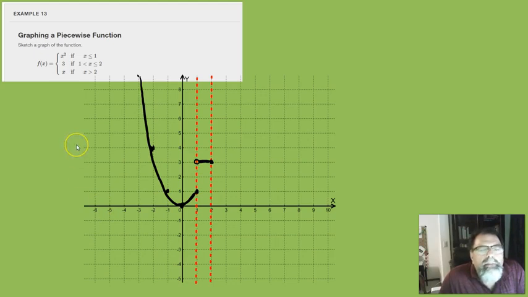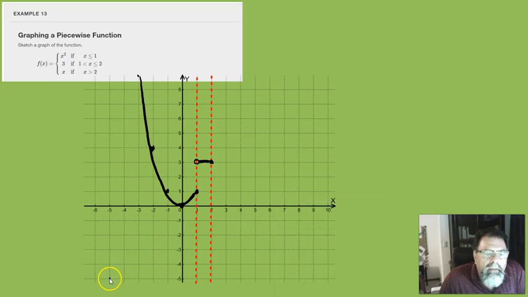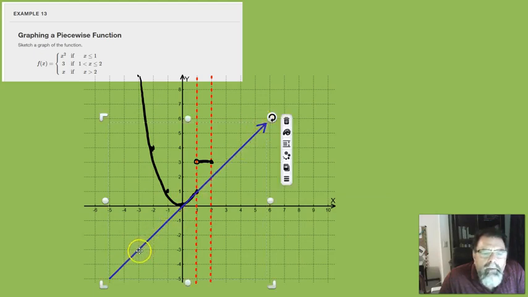And then x. If I were to graph that line, y equals x, that's your identity function. So it'd be negative 3, negative 3, negative 2, negative 2, negative 1, negative 1, 0, 0, 1, 1, 2, 2, 3, 3, and so on.